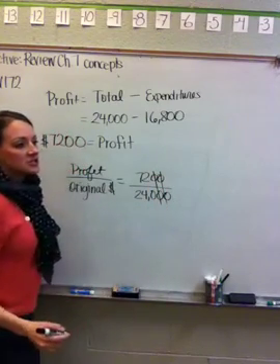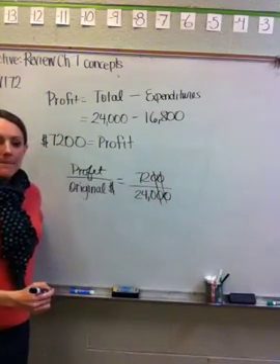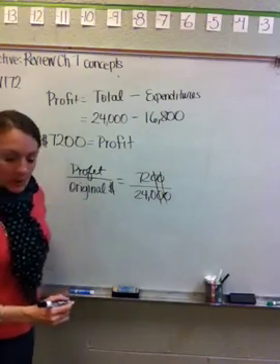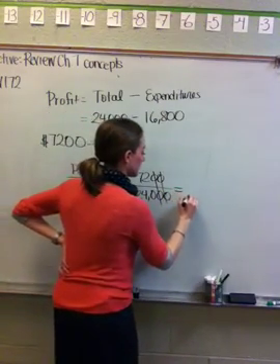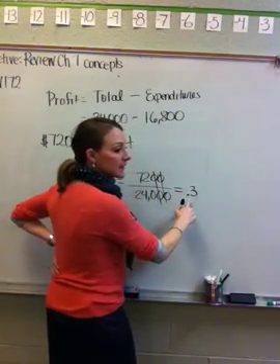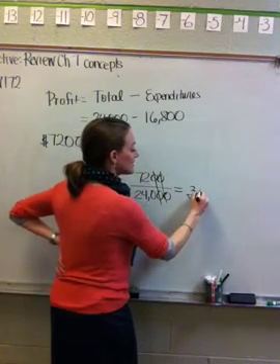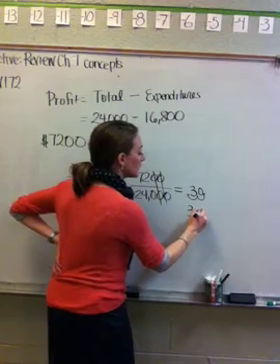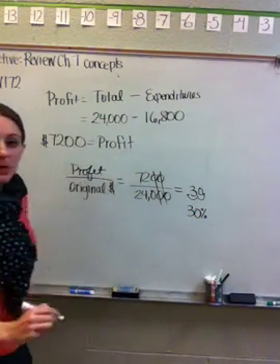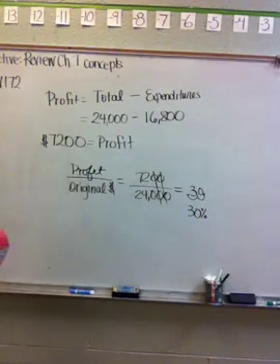So we've got 72 divided by 240, which is 0.3. This is my decimal. I want to turn this into a percent. Move it, add a 0, so I have 30%. Are we okay there? Yes. All right.